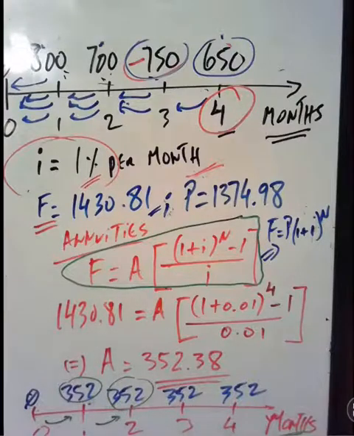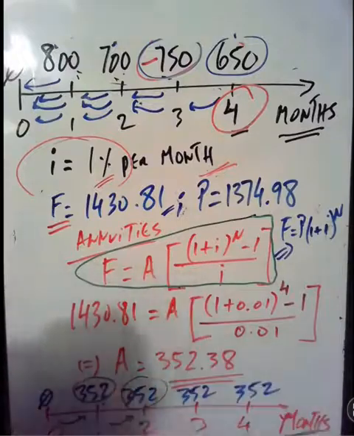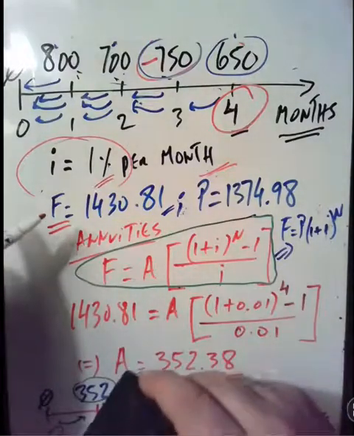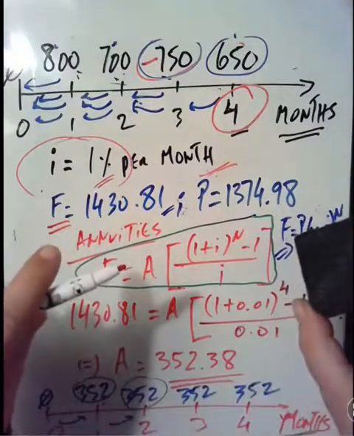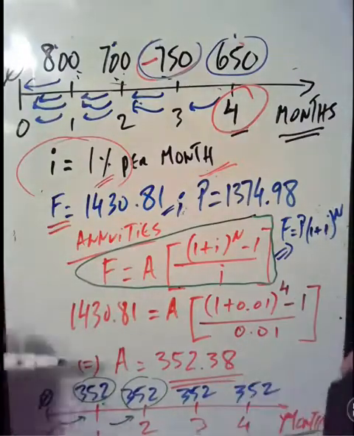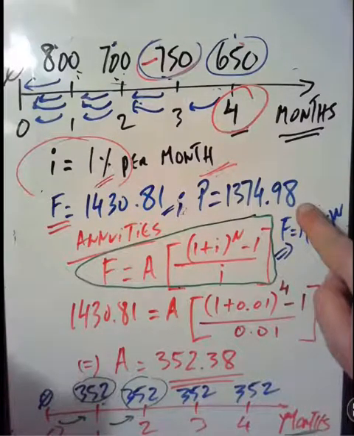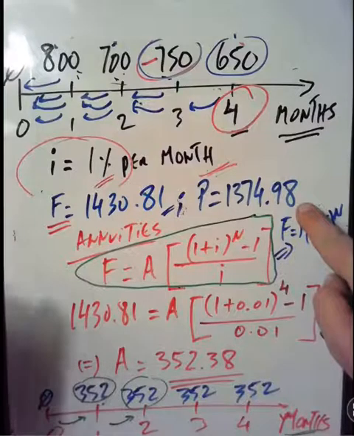Now let's say that instead of using the future value, you computed the present value, and you still have the same question. How much is the flat annuity equivalent to a present value of $1374?